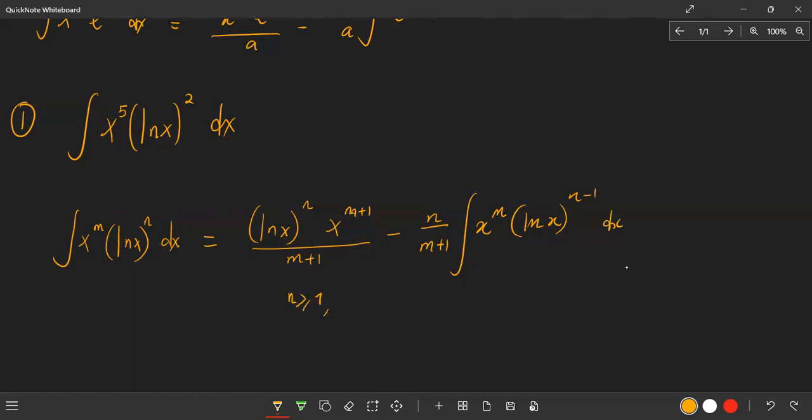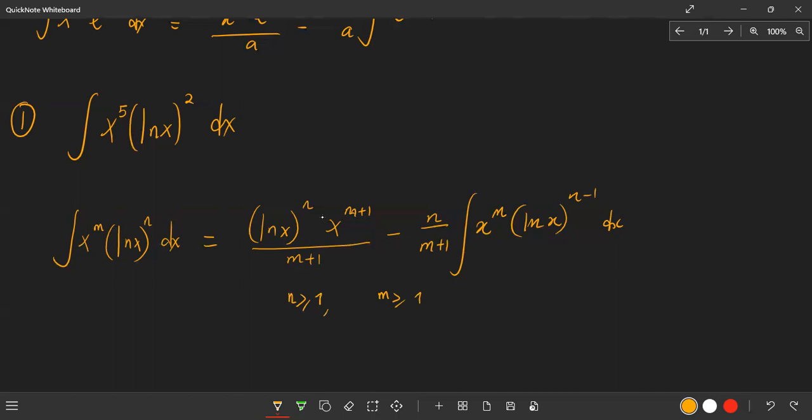Similarly m, but m can also start from 0, that's fine. But n should be strictly greater than or equal to 1.